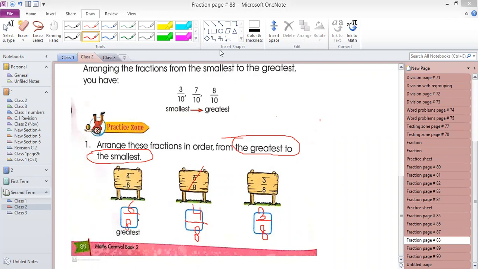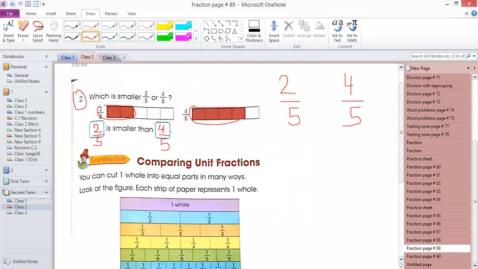On page number 89, we have question number 2. Which is smaller, 2/5 or 4/5? Answer me in the chat box, guys. Anas Ahmad, very good.